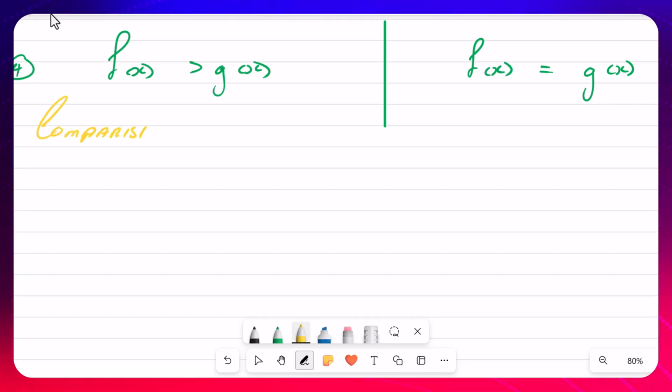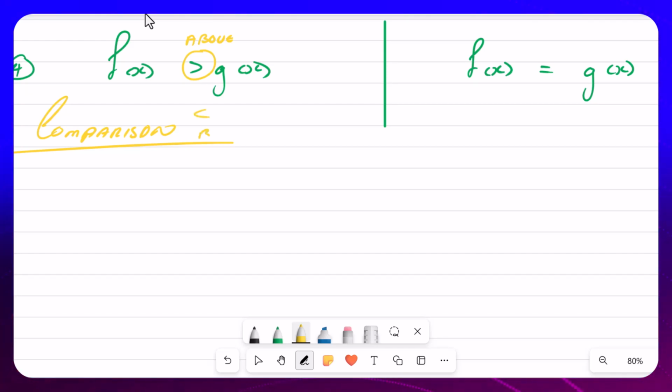It's not going to be you saying it's above or below the x-axis. That's done. We are now comparing the 2 graphs. We are looking for where f of x is above g of x, and if it was the other way around, we'd look for where f of x is below g of x.